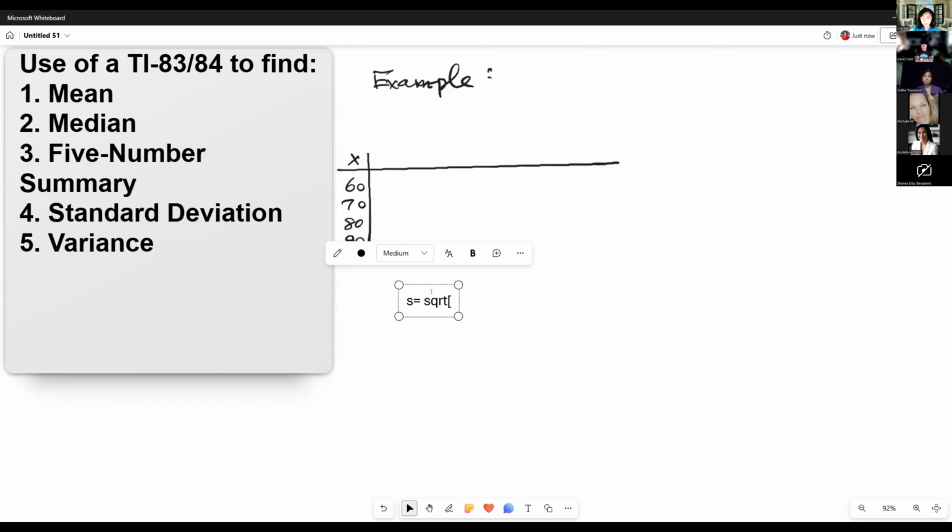What is the something here? You have to do the sum of each data value x minus the mean, then go to the square. Let's put the parentheses. Go to square power. For the square power, I need to type it in like this. Here's the key, and put the square.